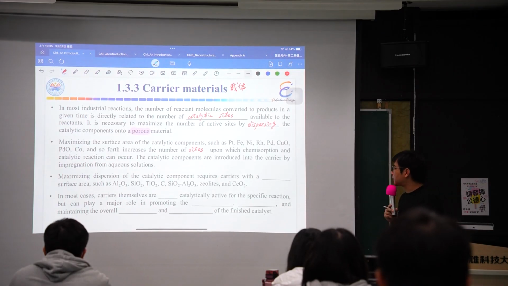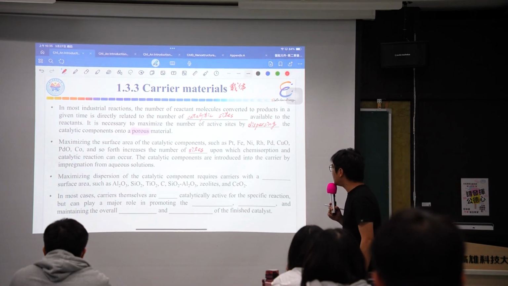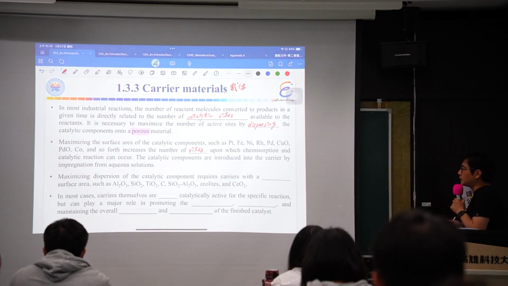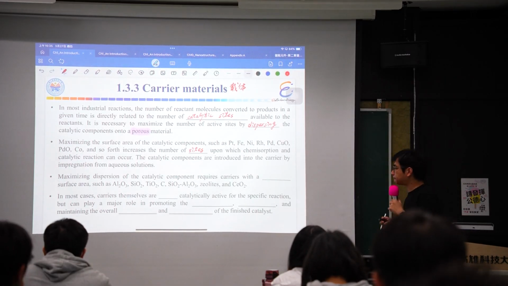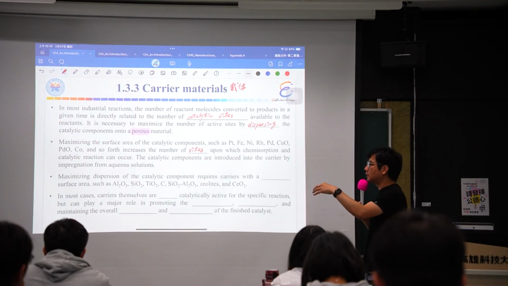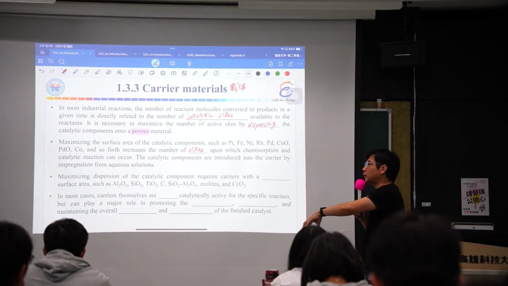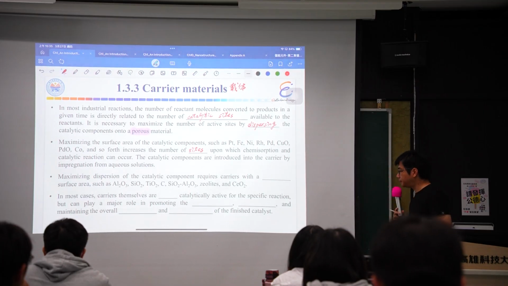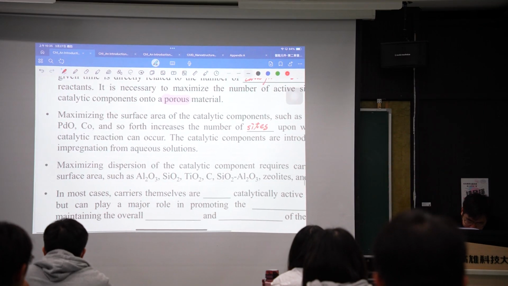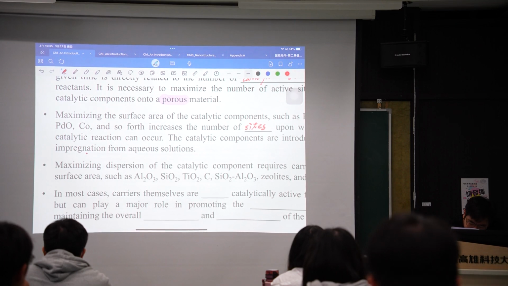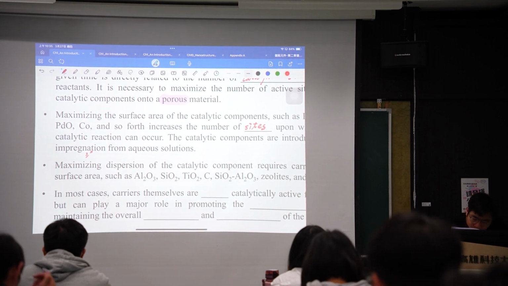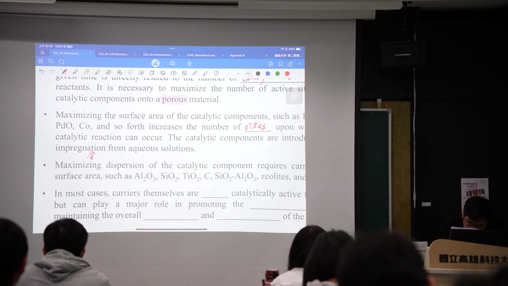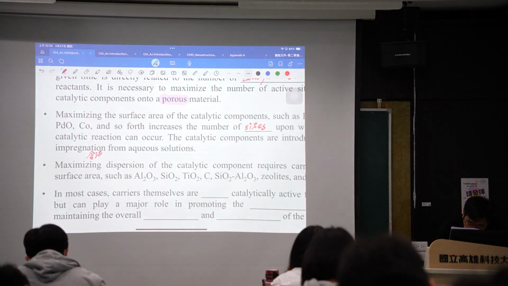Okay. So catalytic components are introduced into the carrier by impregnation from aqueous solution. The carrier is placed into the solution containing the metal, impregnation. Okay.